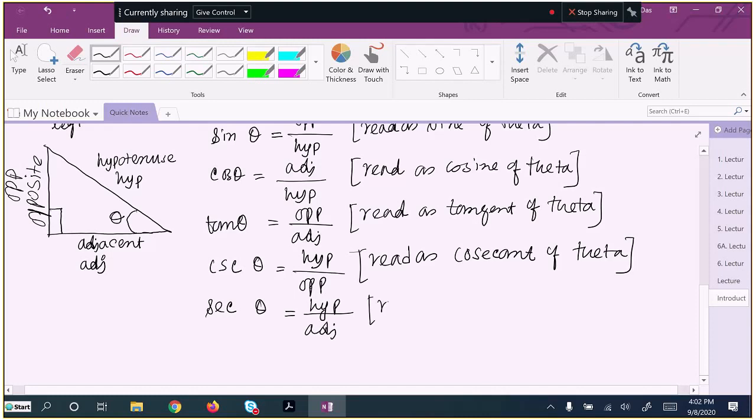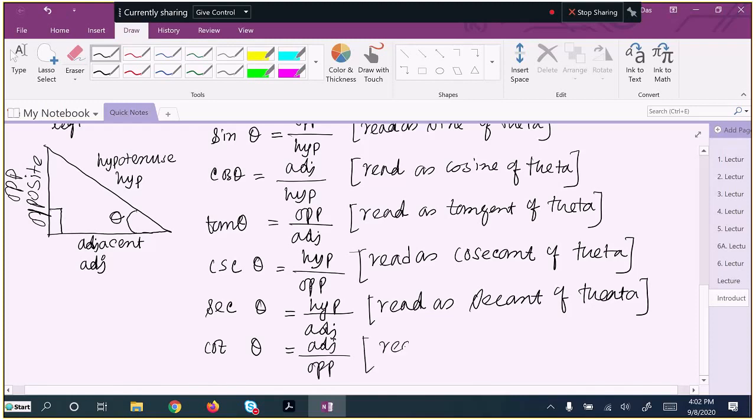As usual, we will read it as secant of theta. And finally, cotangent of theta will be written as COT theta, and it is adjacent over opposite, and we read it as cotangent of theta. So these are the 6 trigonometric ratios, the basic definition for a right angle triangle.